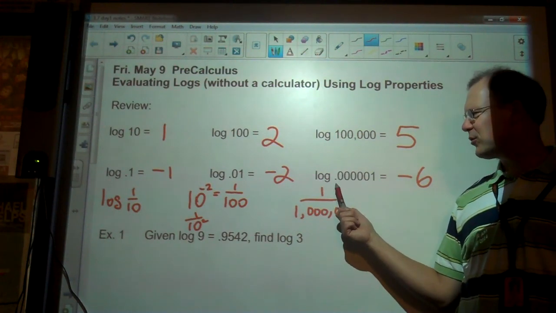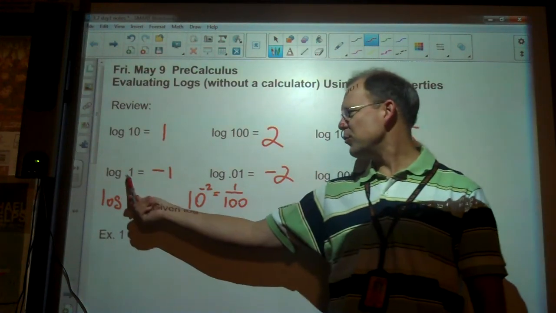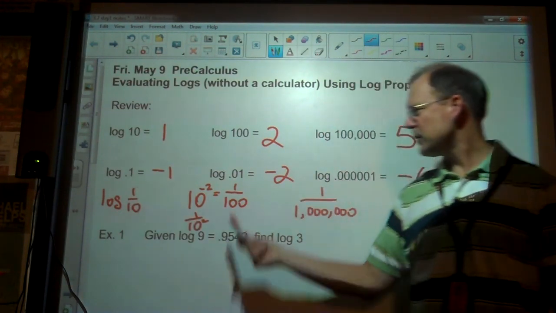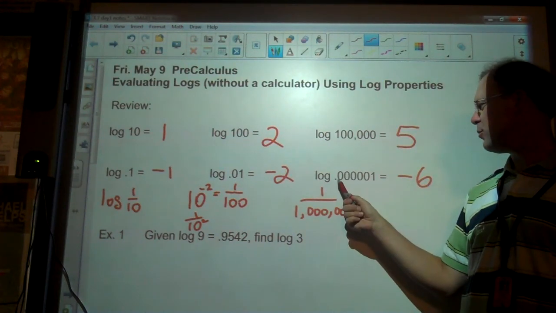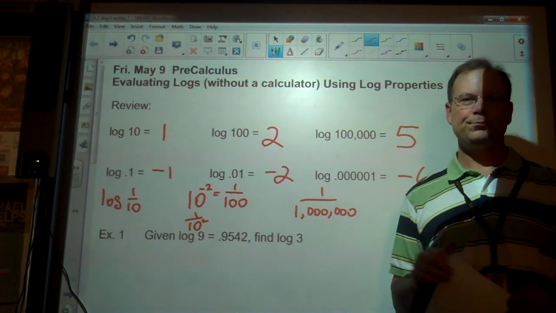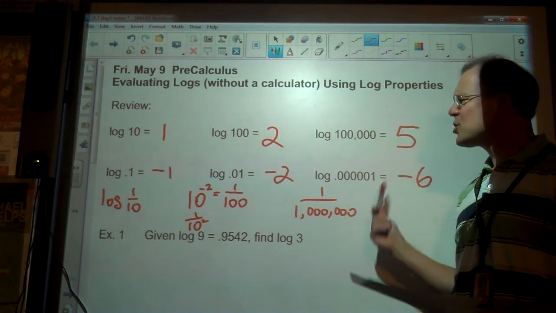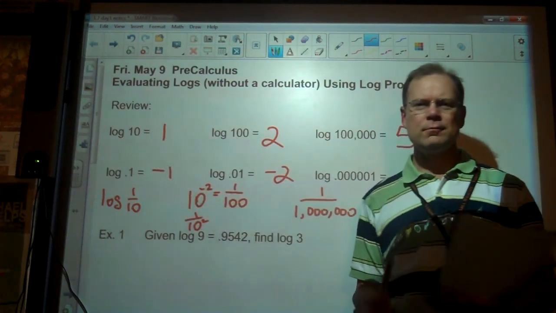Or you can count how far you're moving over the decimal place. So here you move the decimal place over 1. Here you move it over 2 to make it 1. Here you'd move it over 1, 2, 3, 4, 5, 6. Okay? So this will come into play in some of what we're doing today.